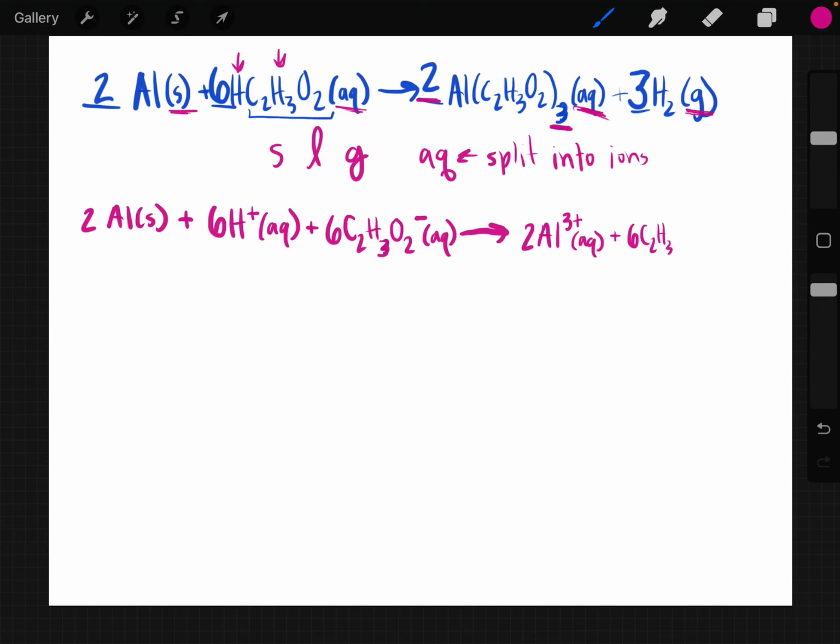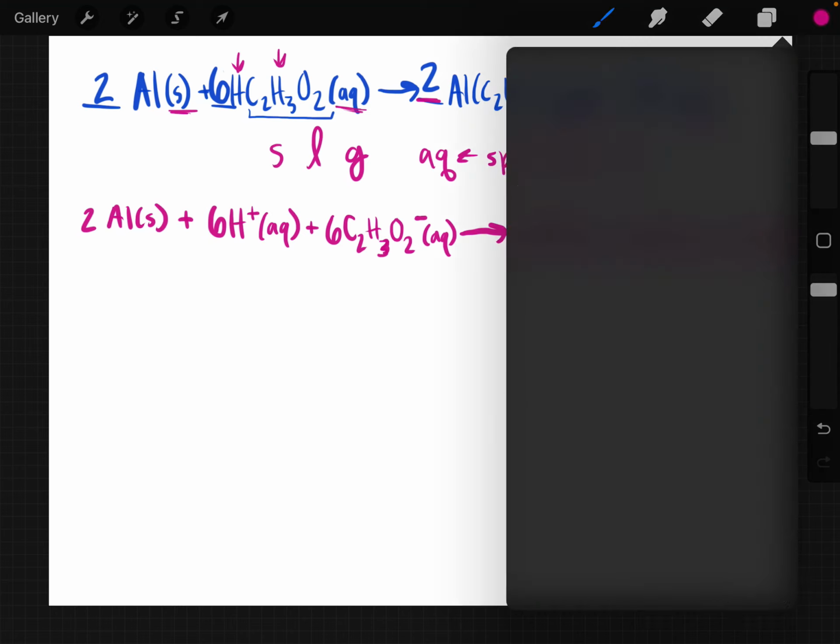So I'm going to say 6 acetates, again with a 1- charge, aqueous. Finally, this 3H2, I don't touch it because it's a gas, and the only ones I'm supposed to touch right now are the aqueous ones. So step 2 is to break that up as I showed you.